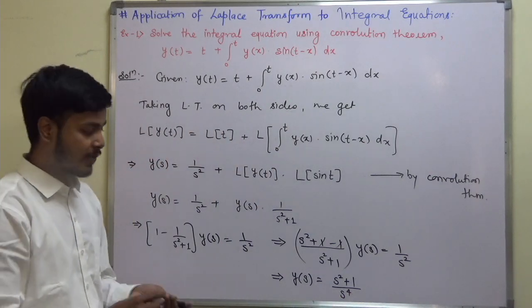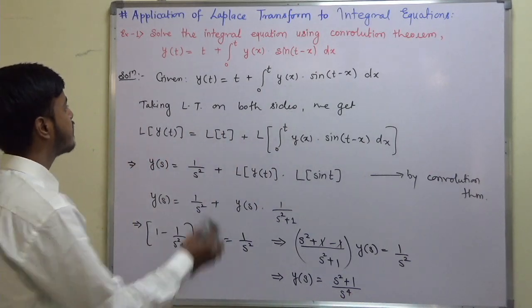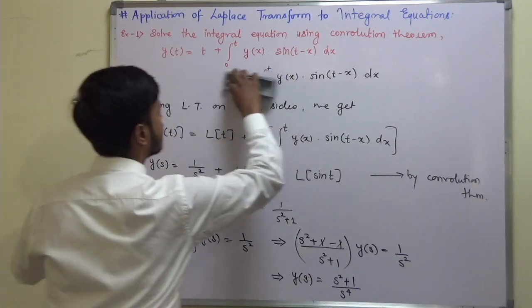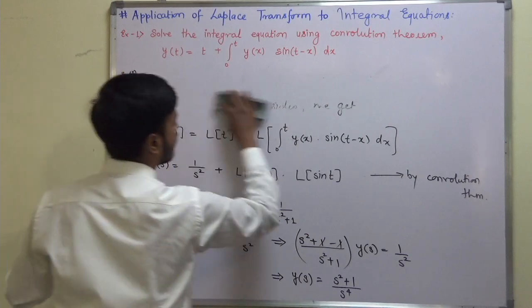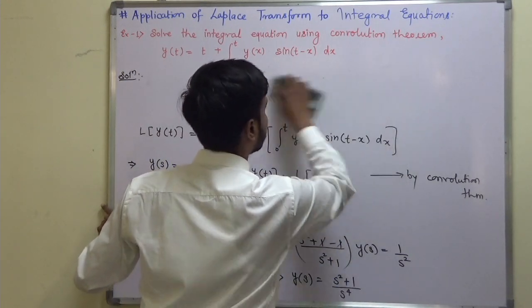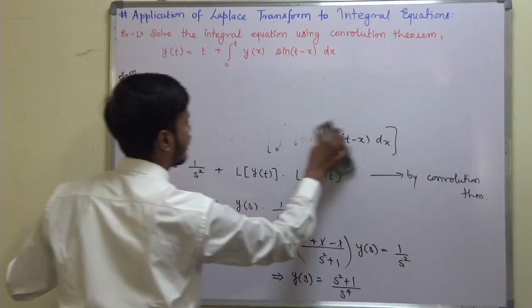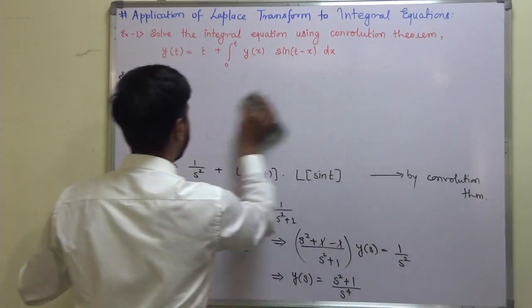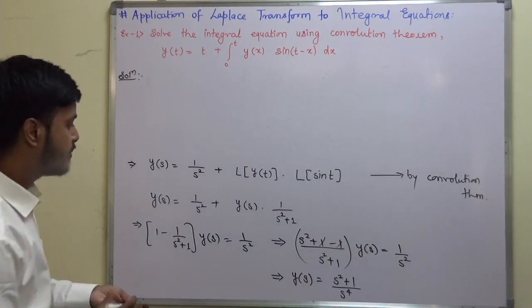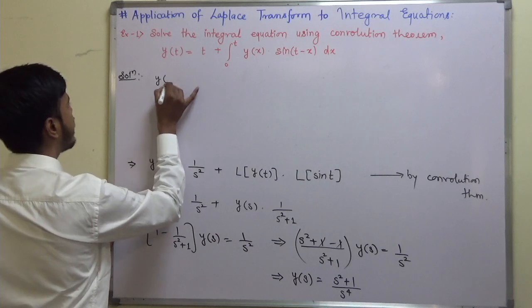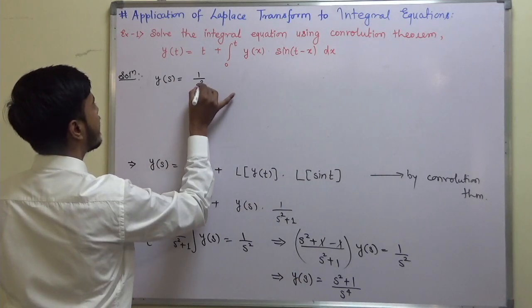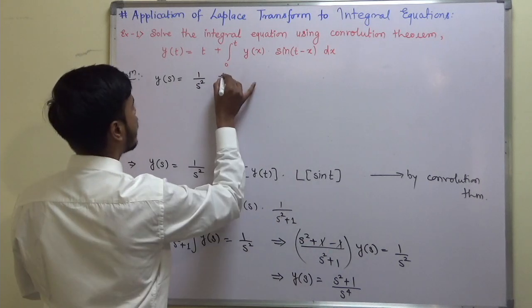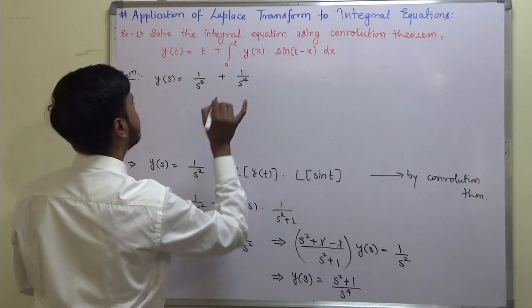Easy. Solving this further, you will be getting y of s is equal to s square upon s to the power 4, plus 1 upon s to the power 4, that is 1 upon s square plus 1 upon s to the power 4.